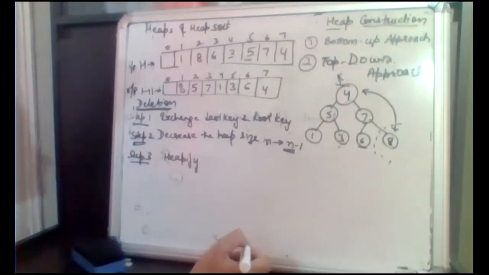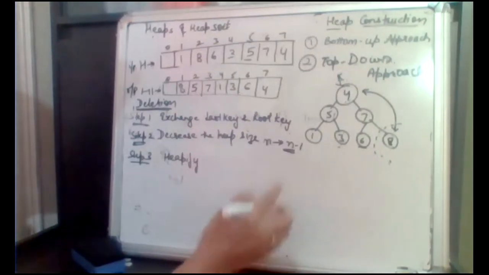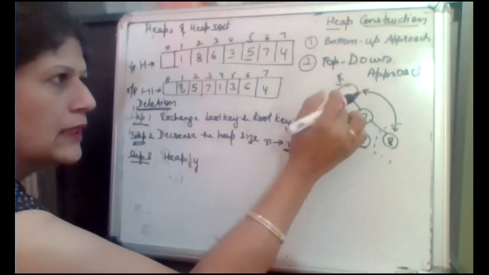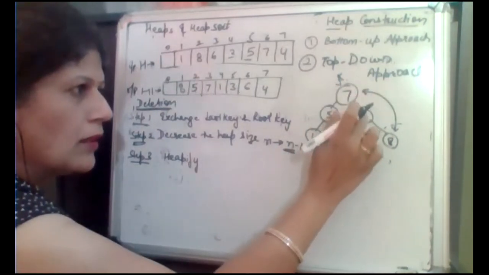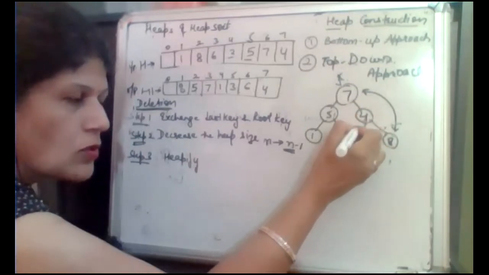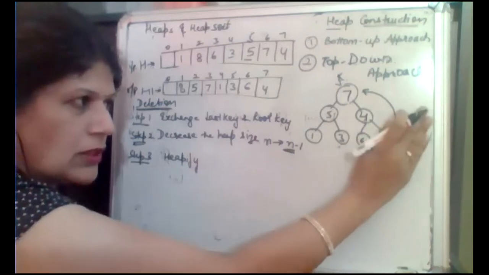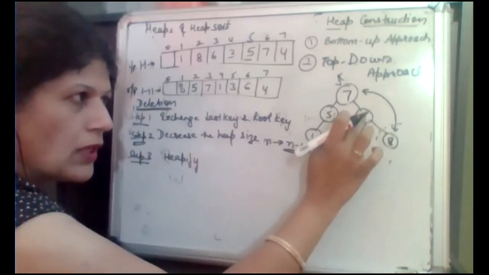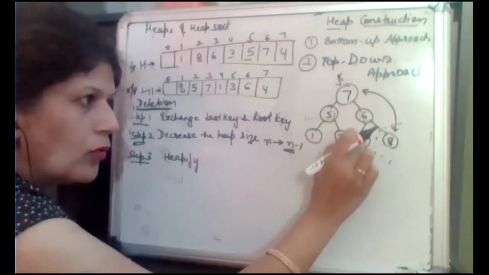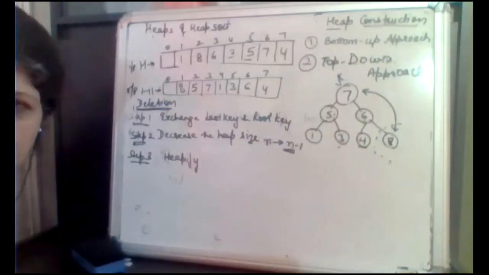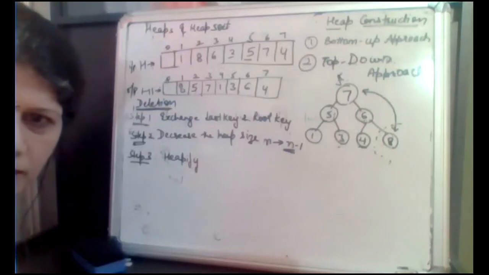So in that case, we will check whichever sibling is higher and then we will put that here. So now once we put it here, again it will check with the child node. So this value is not there. So 6 will come here and 4 will go. So that is how your algorithm is going to work.